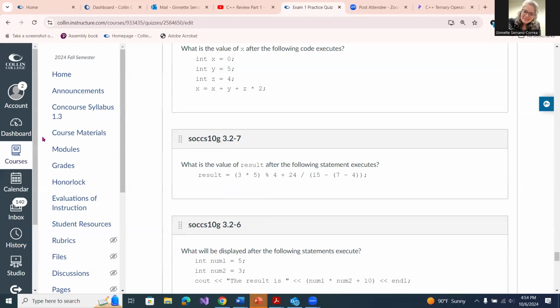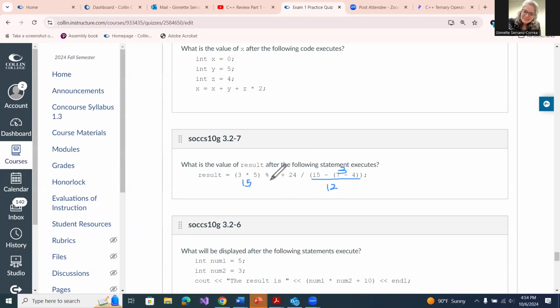Okay. Here, order of operation also. What is the value result of the following executes? Well, let's do all the parentheses first. So this is 15. 7 minus 4 is 3. 15 minus 3 is 12. So this whole thing gives me 12. Okay.